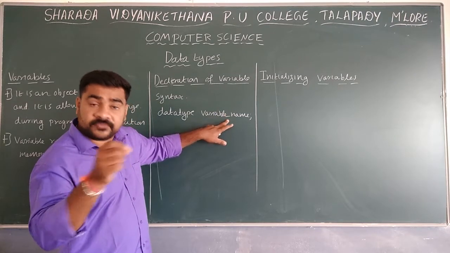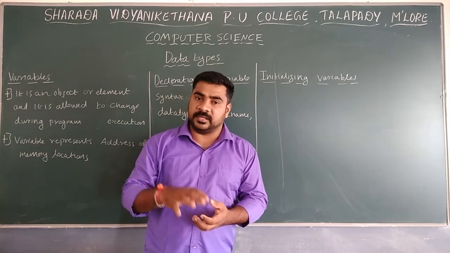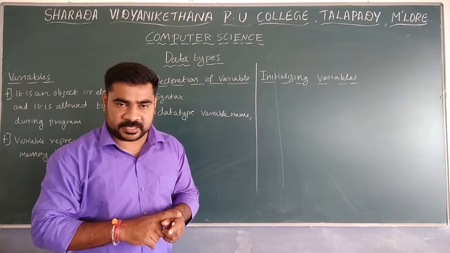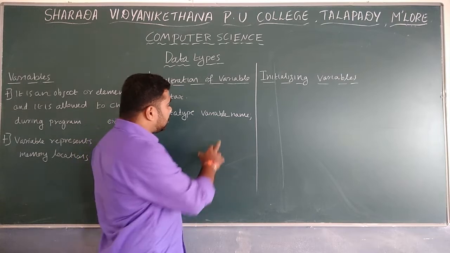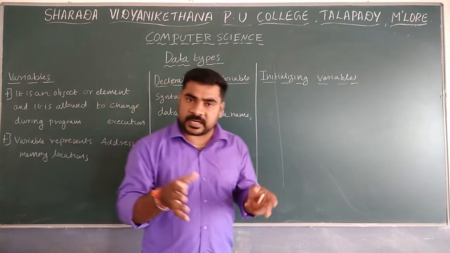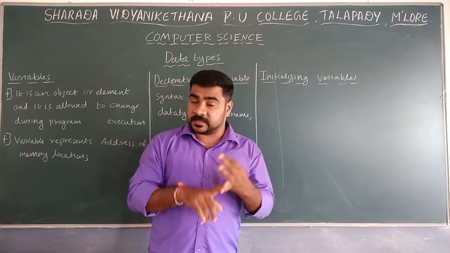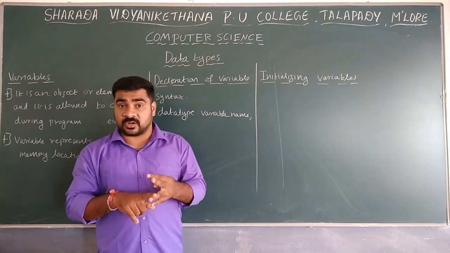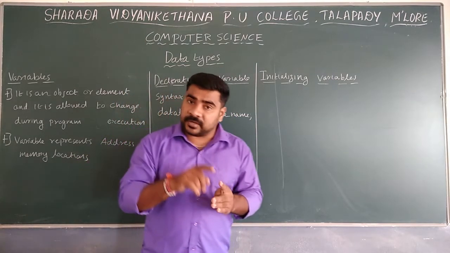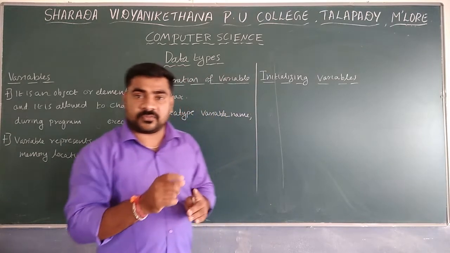Hyphen or comma is not accepted when naming an identifier. That is the first thing to keep in mind. Second, space should not be given, and keywords are also not possible. And if you are naming a variable, it should not start with numbers.